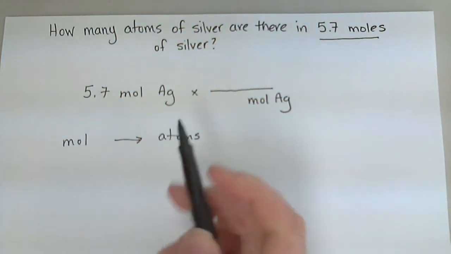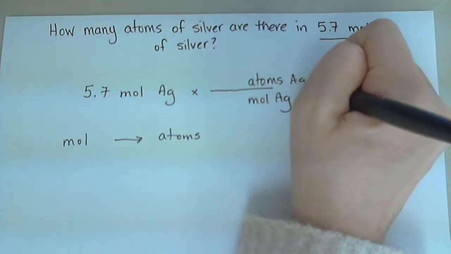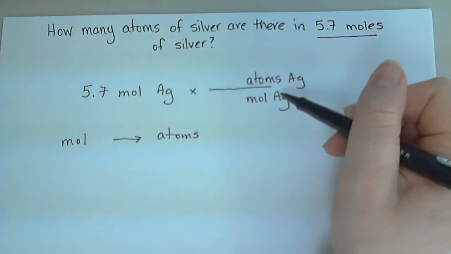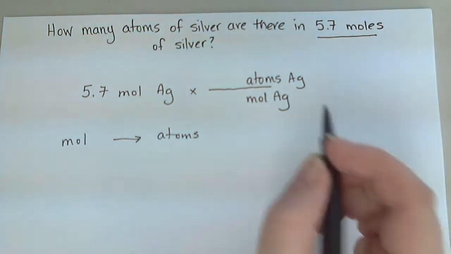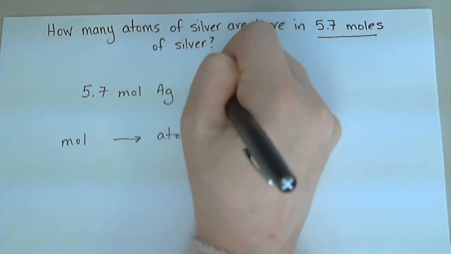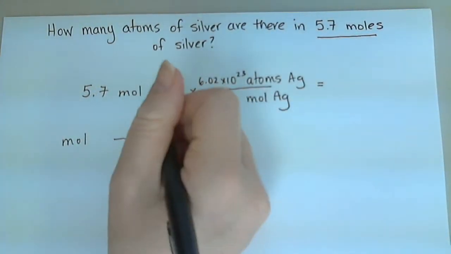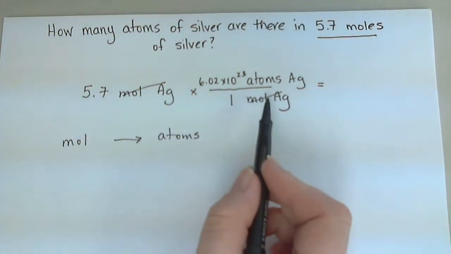I'm trying to get to atoms, which means that I want to put atoms of silver up top. Now, if I think to what I know about Avogadro's number, or in this case, what I know about a mole of anything, I know that a true relationship is that in 1 mole, there will always be 6.02 times 10 to the 23rd atoms. Checking my units, they cancel, which means all that's left is to do my math.